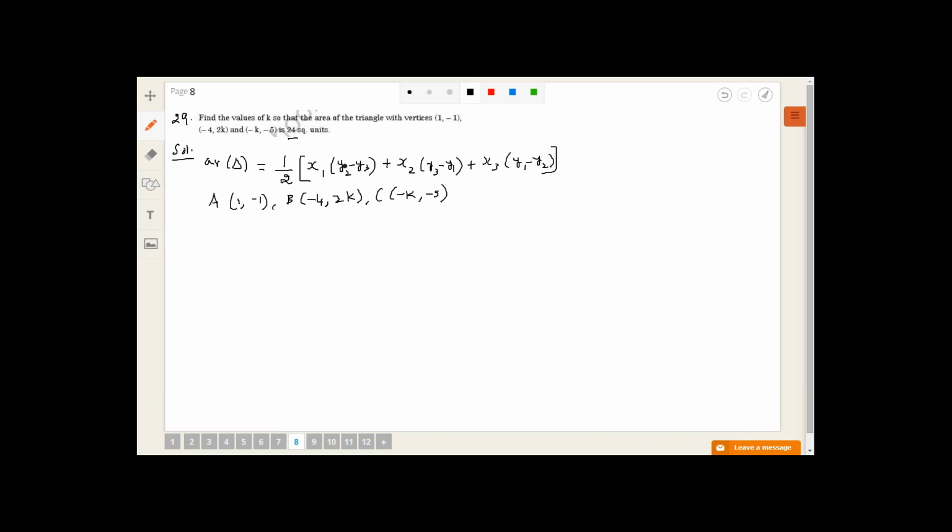So now here, this will be x1, y1, x2, y2 and x3, y3. And it is also given that the area of triangle ABC is equal to 24 square units.